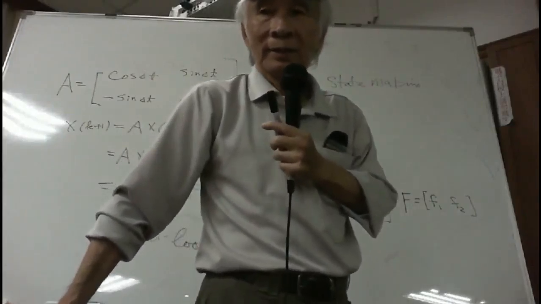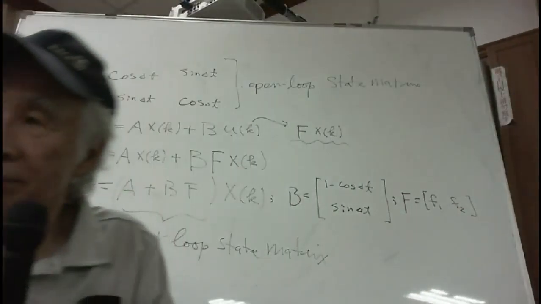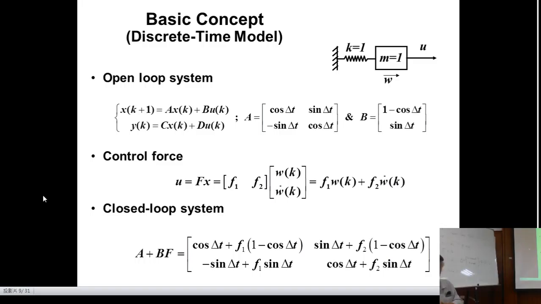All right. Let's go back to the lecture notes. Okay. Now, I have a closed loop system state matrix A plus BF. Now, I have F1 and F2 I need to determine. What kind of F1 and F2 I need?